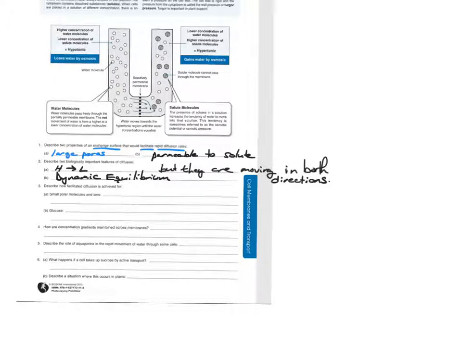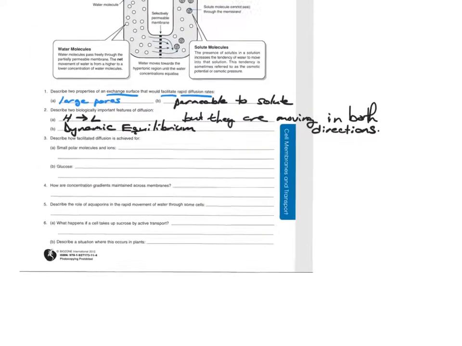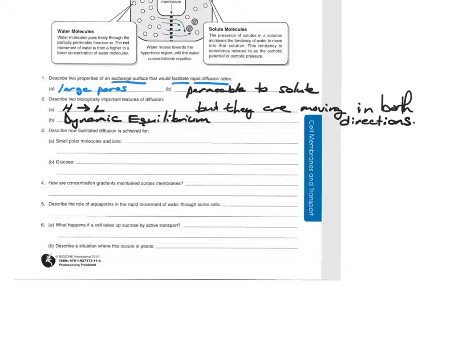All right, describe how facilitated diffusion is achieved for small polar ions. I'm not even going to describe it. You can go back to the previous page and describe it. If you flip, you'll see that everything's described clearly, step by step. You can answer that. And for glucose, we went over and described glucose as a carrier, right?